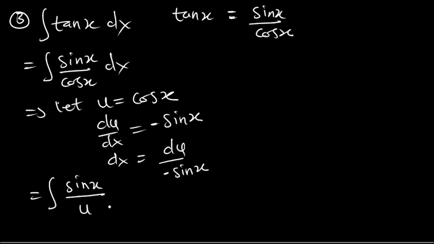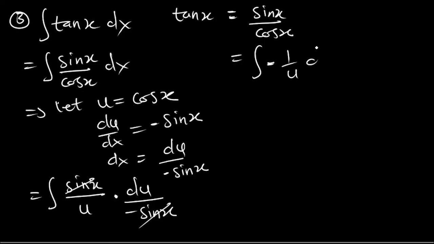My cos x is now u, then du over negative sine x. This will take care of that. And my question is now going to be negative integral of 1 over u du. The negative will come out.